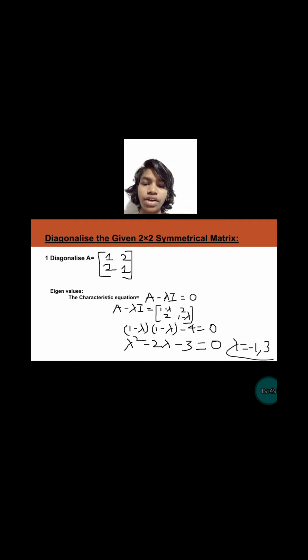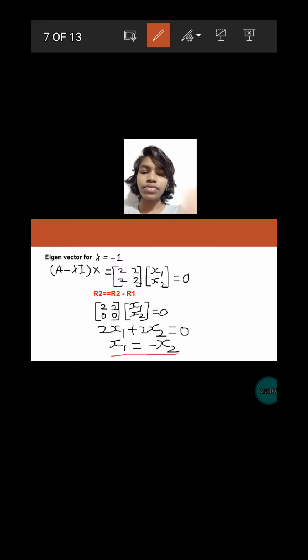Next step, we have to find the eigenvectors for the respective eigenvalues, minus 1 and 3. Let us find the eigenvector for lambda equals minus 1. To find eigenvectors, we use the characteristic equation A minus lambda I of x, where x is the column matrix. Here A is 1, 2, 2, 1.